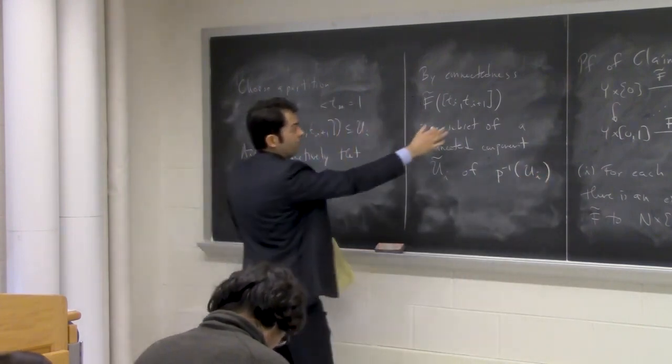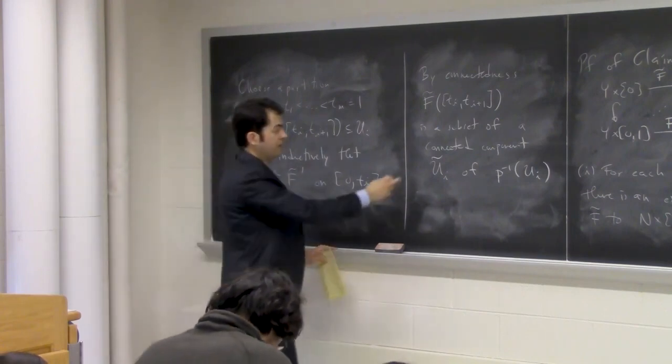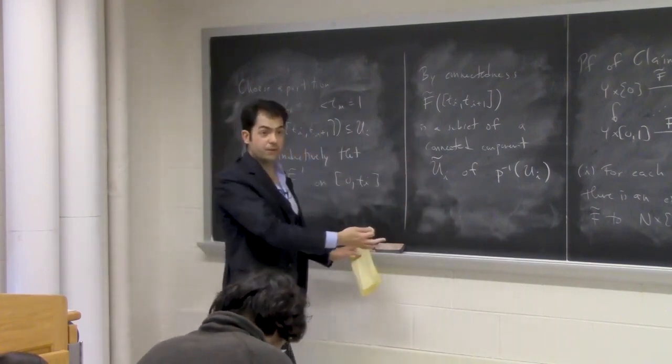Right. So this is a connected set. F tilde is a continuous function, so its image is a connected set. So it has to lie inside some connected component. Right.